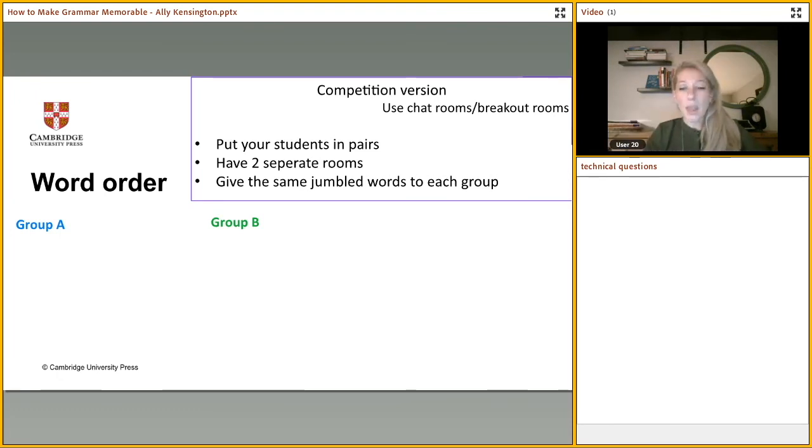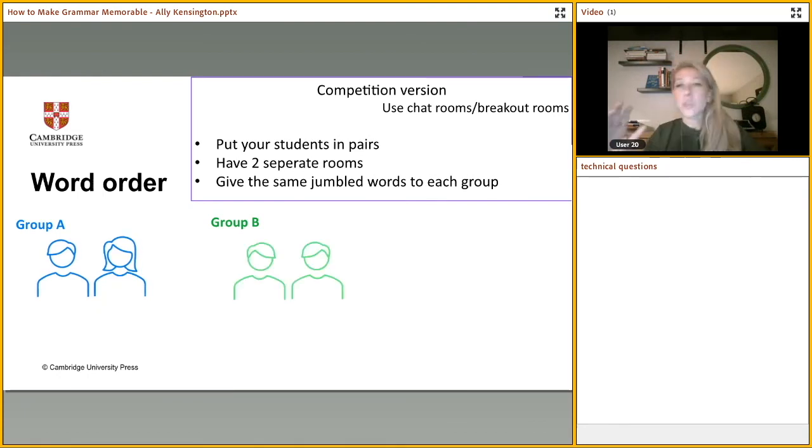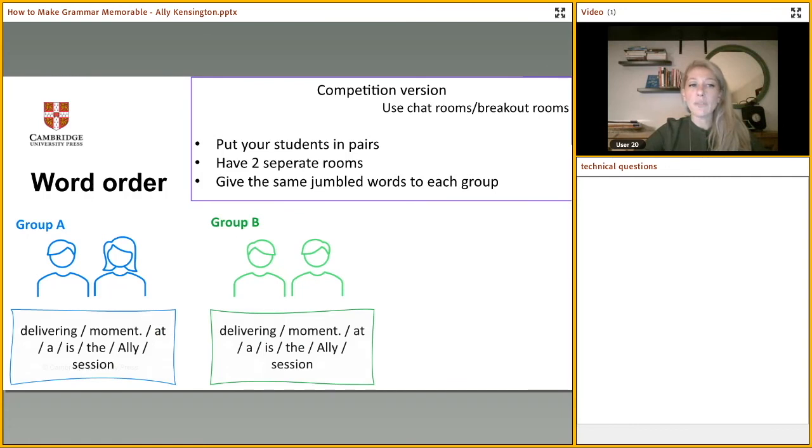Put your students in pairs. Have 2 separate rooms. You can do it face-to-face or you could do it online. Now we're doing the online lesson, so have 2 separate chat rooms or breakout rooms. Give the same jumbled words to your students. Give them the same time.